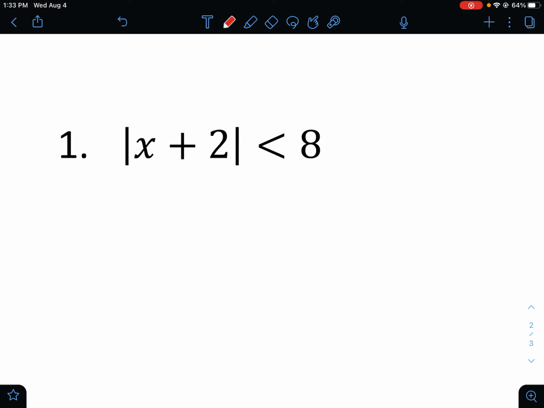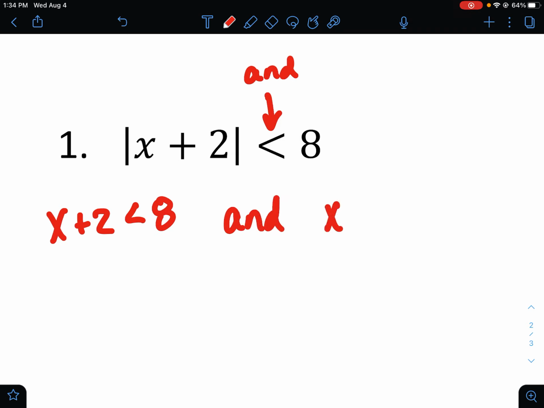So I'll show you here what that looks like. I need to have one that equals a positive version as well as a negative version. Now, can you guess, is that going to be an "and" or an "or"? Well, the less than symbol kind of looks like a C. So this would be conjointed, so this would be "and." So I can say that x plus 2 is less than 8 and x plus 2, don't forget to flip the inequality sign, is greater than negative 2. Oh, negative 2. Why did I do that? Negative 8. Sorry.